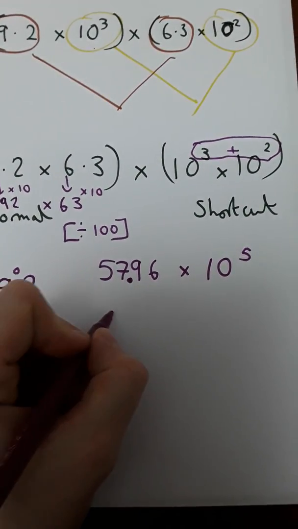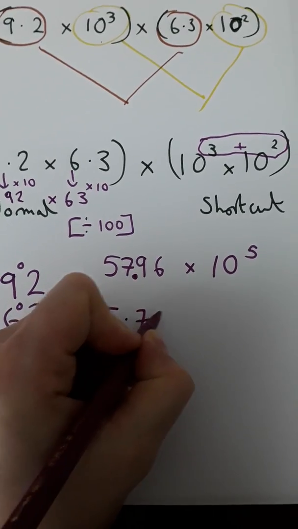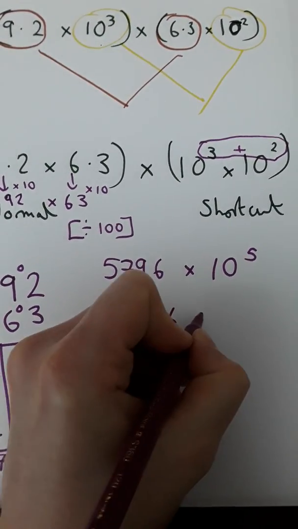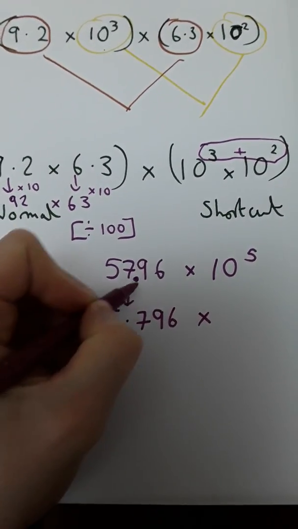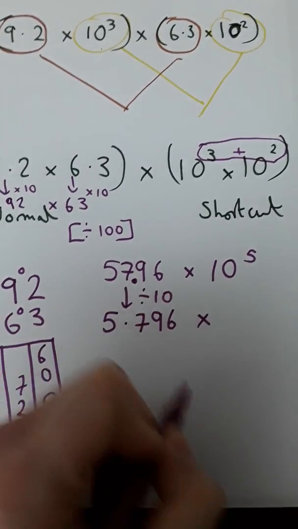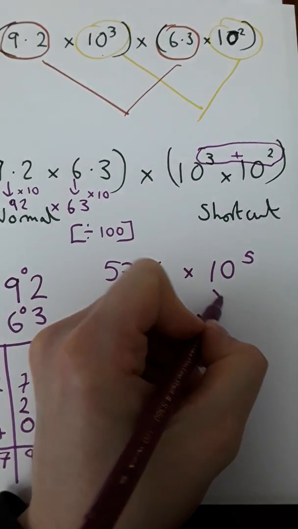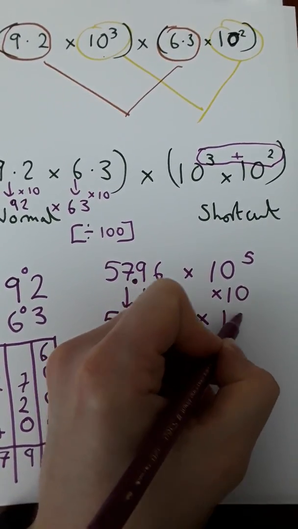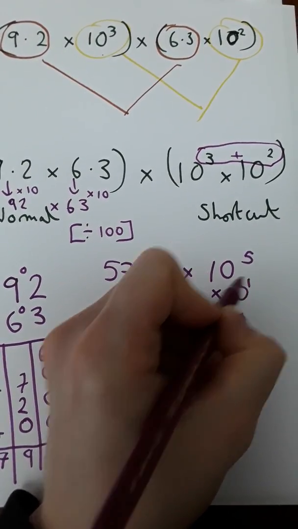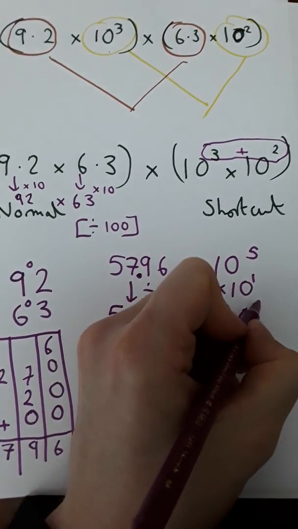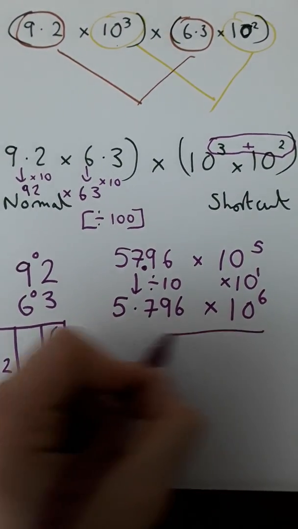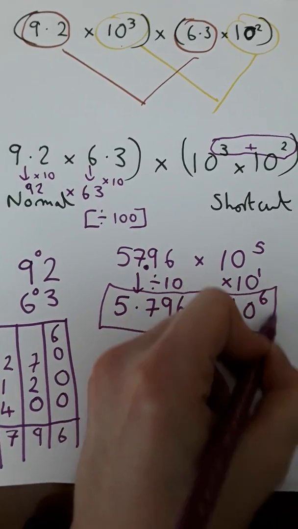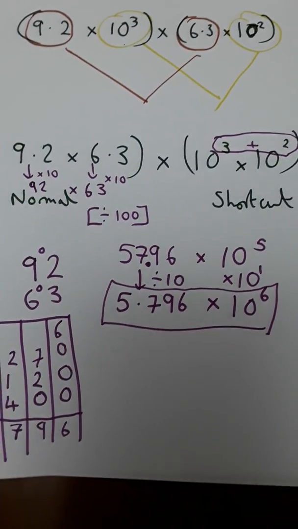So actually what we need is 5.796. So what we've actually done here is we've divided by 10. So that means we need to times by 10 this side to cancel it out. So 10 to the power of 5 times 10 to the power of 1 is 10 to the power of 6. And that's our answer. Done.